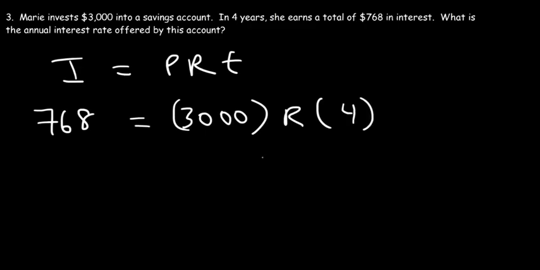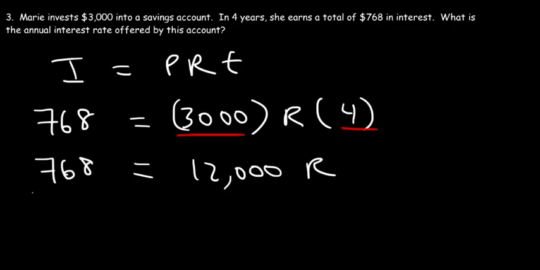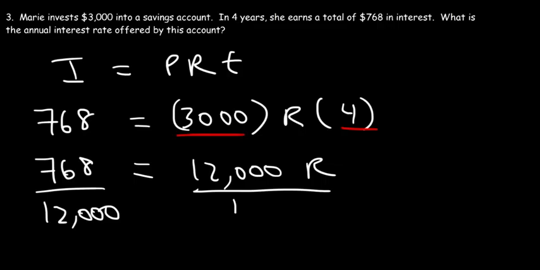T is 4. So first, let's multiply 3,000 by 4. That's going to be 12,000. Now the next thing that we need to do is divide both sides by 12,000 to isolate R. So R is going to be 768 divided by 12,000.